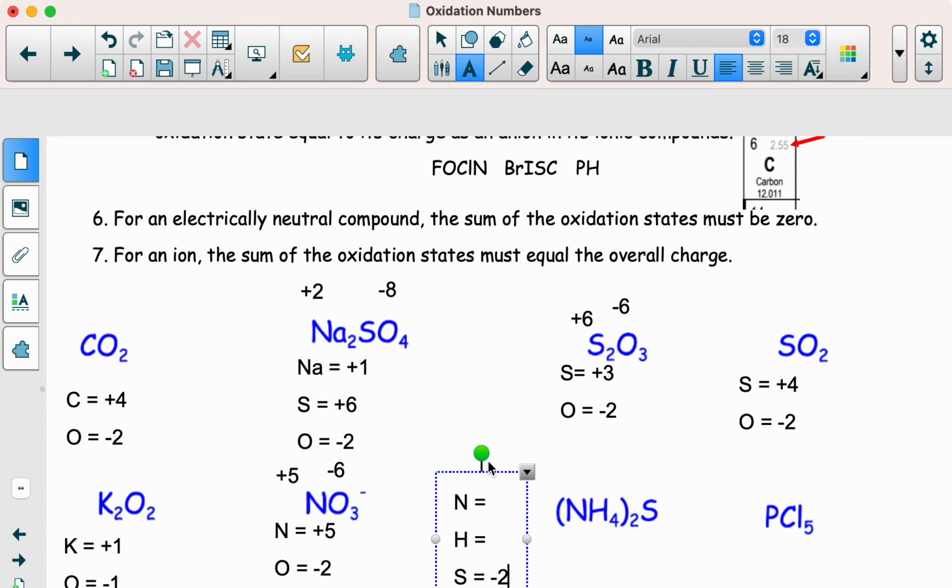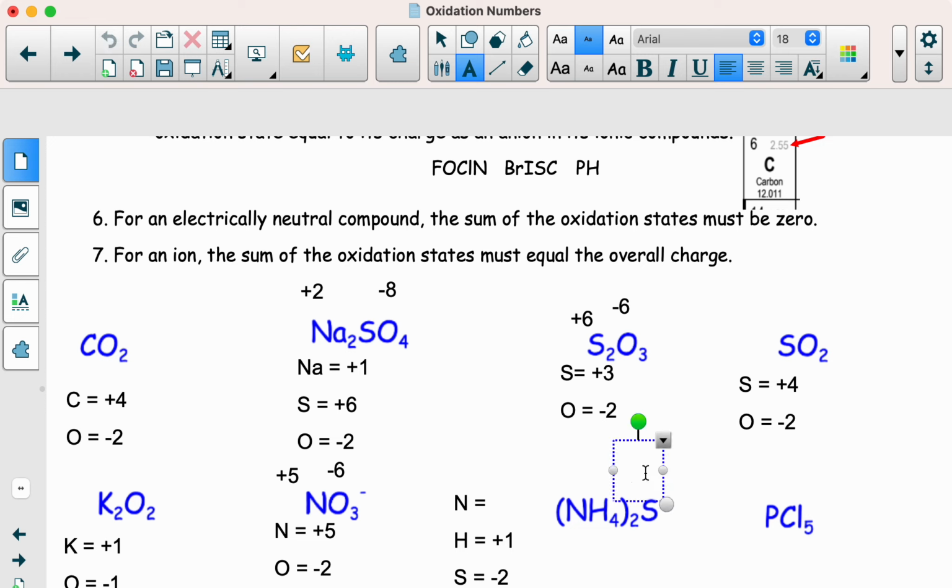And then within the ammonium ion, hydrogen is bonding to a nonmetal. So hydrogen takes on its +1 oxidation state. And then we have to make the whole entire thing add up to 0, or you can think of it as making the ammonium ion add to +1. You'll come up with the same answer either way.